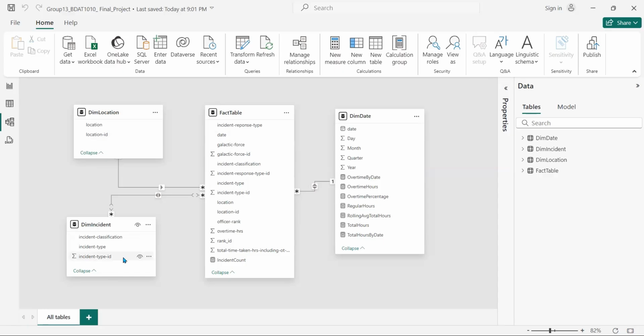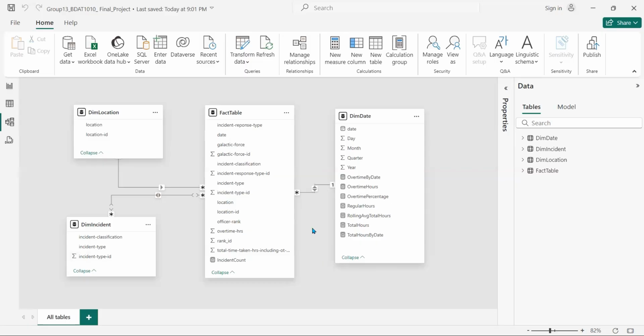So it offers detail about the incidents. After that, looking at the date dimension, which has date with day, month, quarter, and year. And also we have created some measures for further analysis, like overtime by date, overtime hours, overtime percentage, and so on.